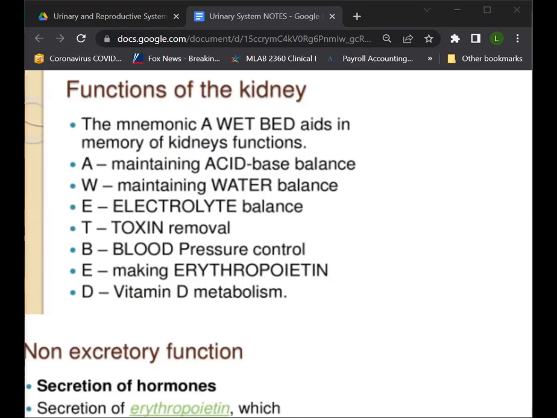E is for erythropoietin. And then D is for vitamin D metabolism. So it does all of that. The first three are basically balance: acid-base balance, water balance, electrolyte balance. And then T is toxin removal, B is blood pressure control, E is for erythropoietin, and then D is for vitamin D metabolism.